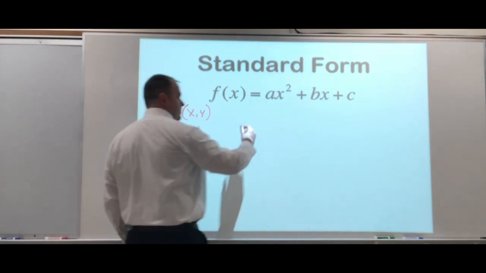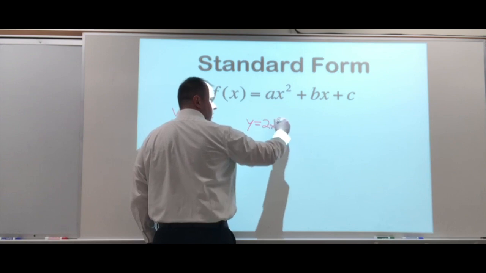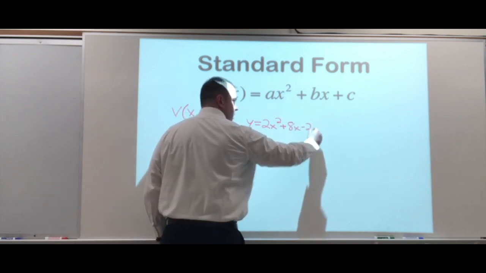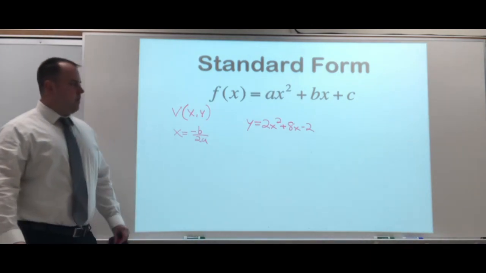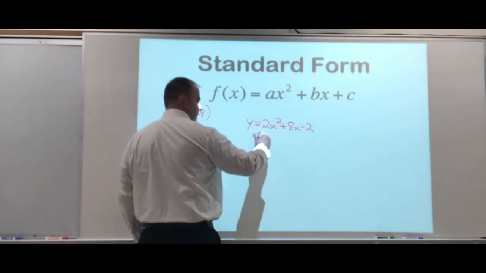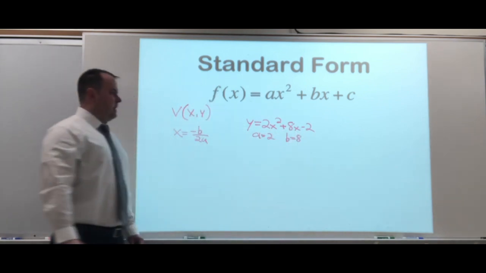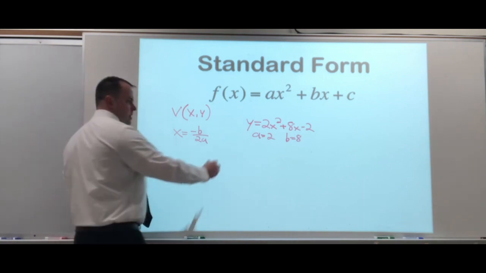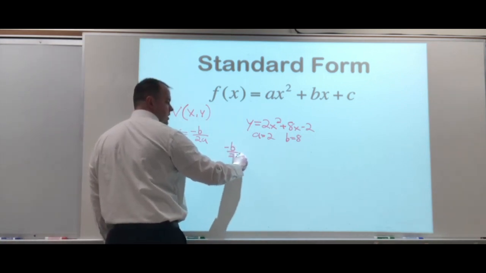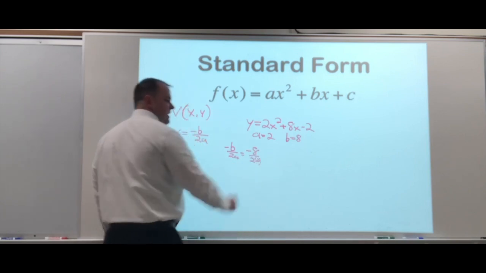So for an example, we had y equals 2x squared plus 8x minus 2. Our a would be 2, and our b would be 8. So taking those values and plugging them in, we have negative b over 2a, which would be negative 8 over 2 times 2.